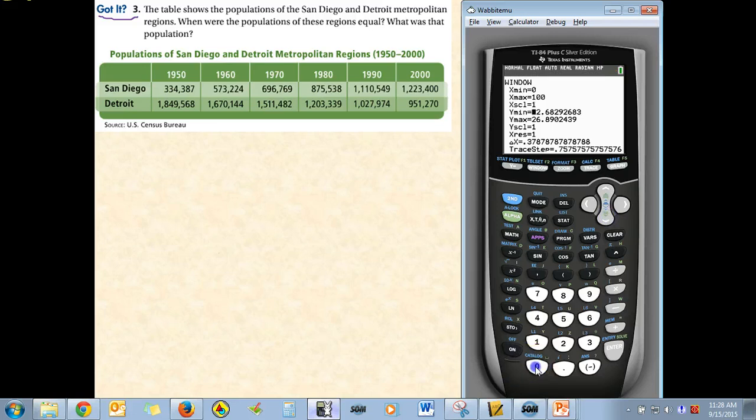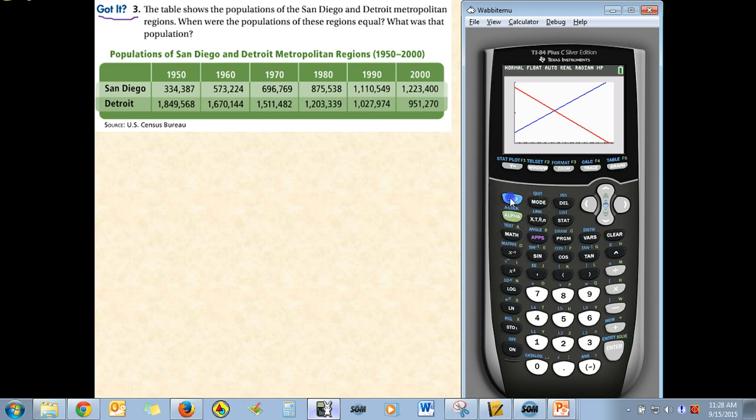My y minimum is 0. My y maximum, let's see, nothing goes up to 2 million, so I'm going to call it 2 million. And now I will look at the graph. There they go. There they intersect.